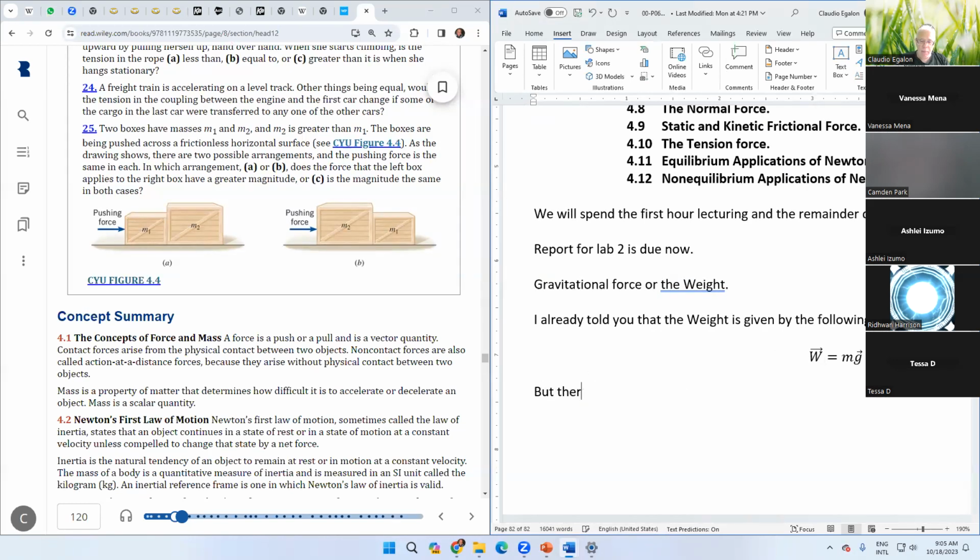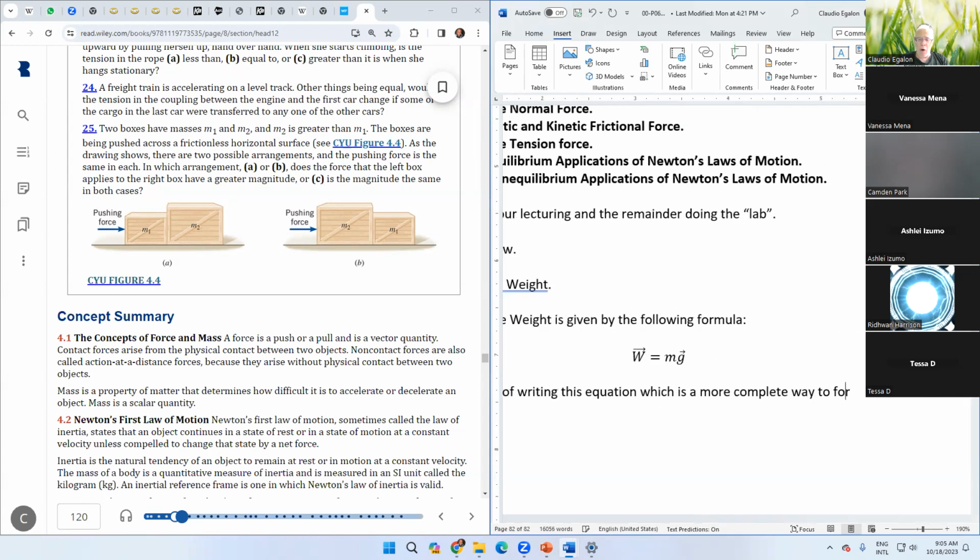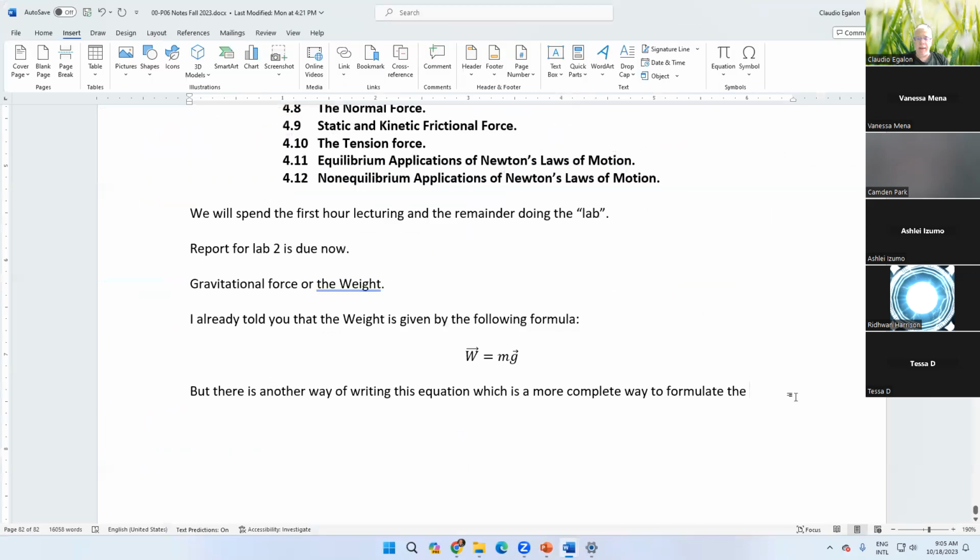But there is another way of writing this equation, which is a more complete way to formulate the gravitational force.